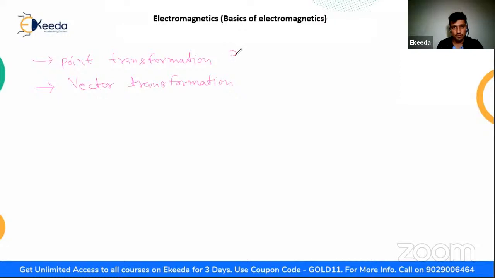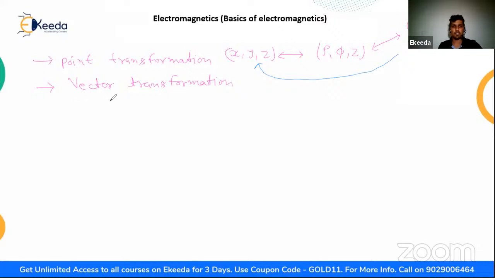What it means is that you must be able to transform from XYZ coordinates, suppose you are given them, into rho phi z. And then from this to spherical, r theta phi. You must also be able to transfer between these two. If you are given XYZ, then you must be able to calculate r theta phi. And if you are given r theta phi, then you must know what the XYZ are.